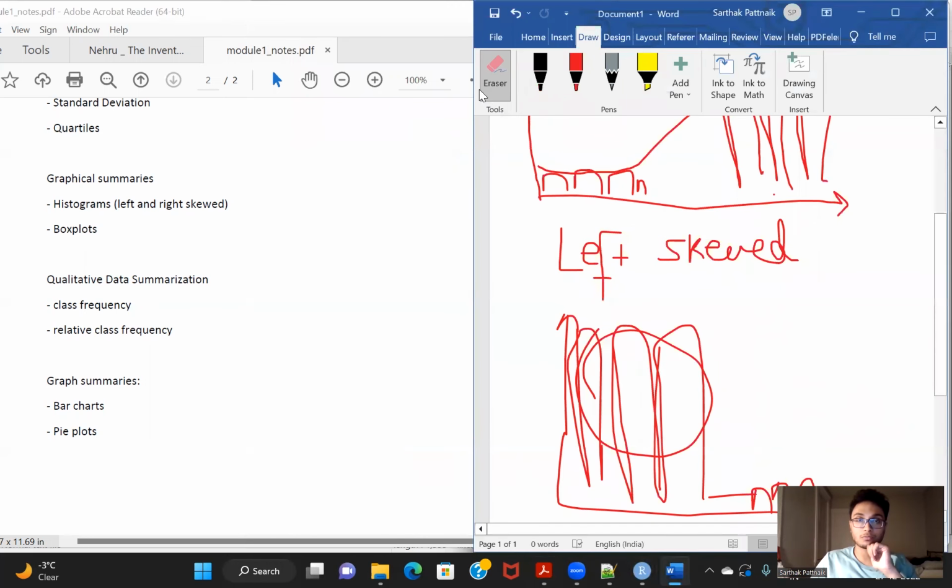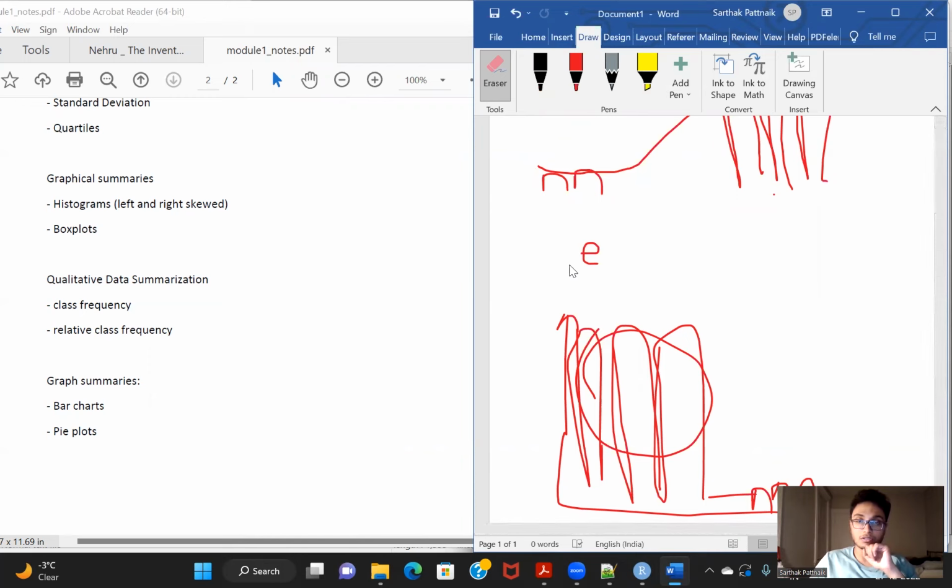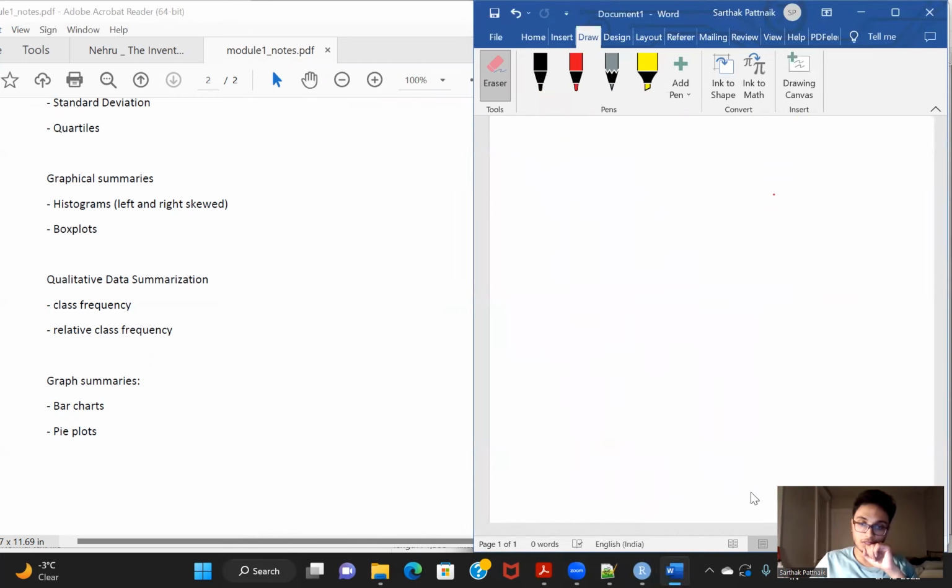I'll go back to my WordPad and I'll just remove all of this. Now I'll draw something similar to what you just saw in the R code. It is somewhat like this.